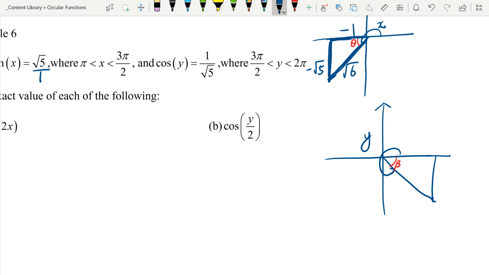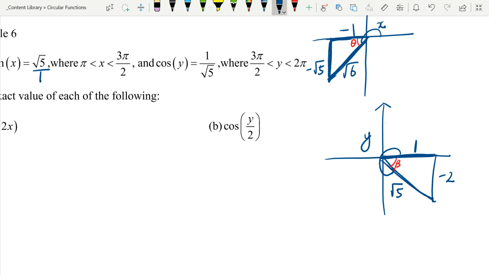Cosine y is 1 over root 5. So this length is 1, and that one is root 5. And what's that one? 2. Minus 2, negative because it's going down.